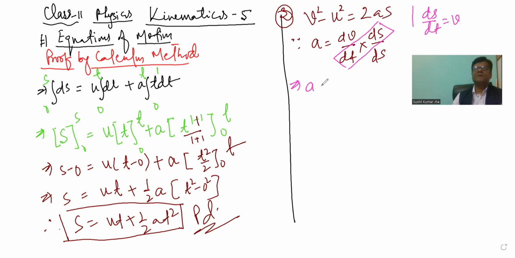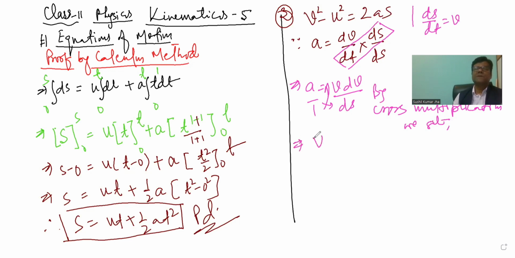So it becomes a is equal to v dv divided by ds. Now we do cross multiplication. So what we get is v dv is equal to a into ds.